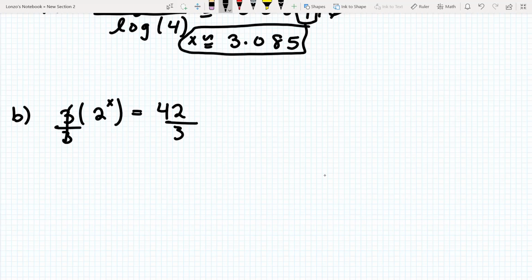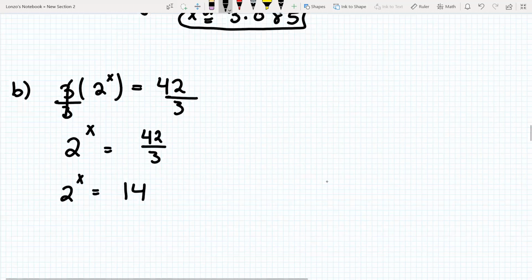So on the left side, you have 2 raised to the x equals 42 over 3, right? 42 over 3 comes out as 14. So we can rewrite this as 2 to the x equals 14.